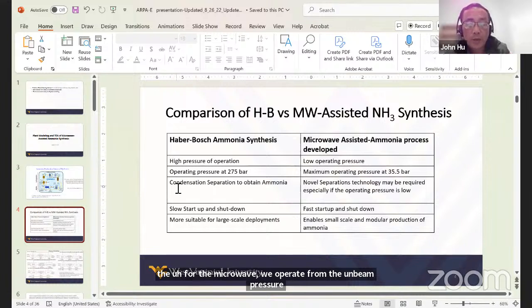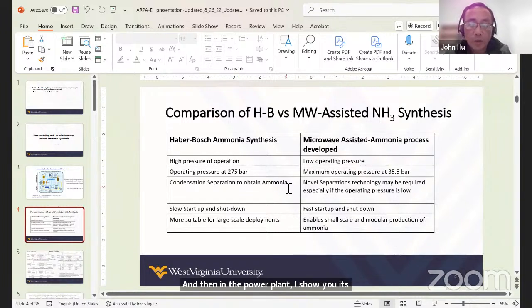In the Haber-Bosch plant, I showed you it's condensation separation to obtain ammonia. That's the only method Haber-Bosch can use because it's high pressure. You have to use the high pressure cryogenic condenser. However, for the low pressure, your options are open.